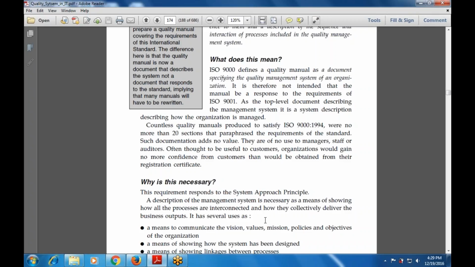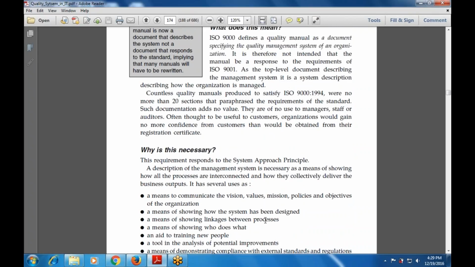It is also a means of showing how the system has been designed, and a means of showing linkages between the processes. So one is the way of communication, one is how the system has been designed, then a means of showing linkages between the processes, then a means of showing who does what. Then an aid to training new people, that is, how to give training to the new people in the organization.